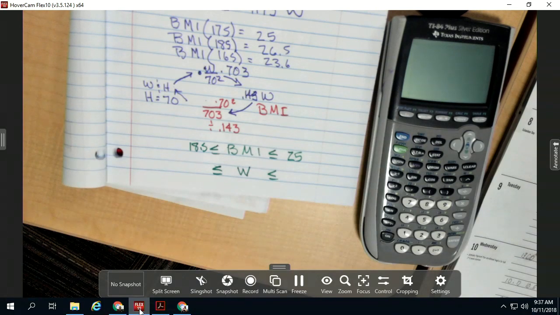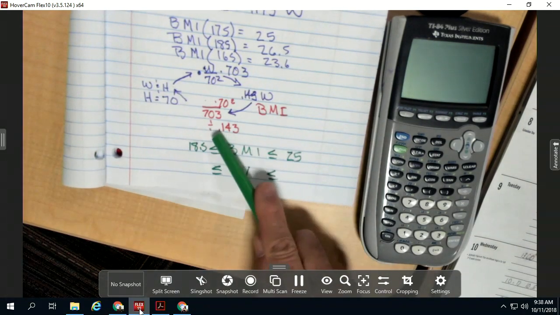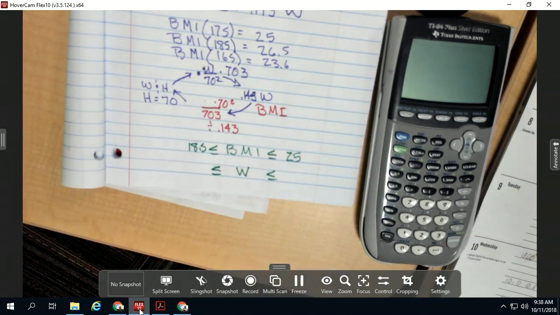Well, over on this side, we should take 18.5 and start with BMI. To get to weight, what do we do? Divide by 0.143.